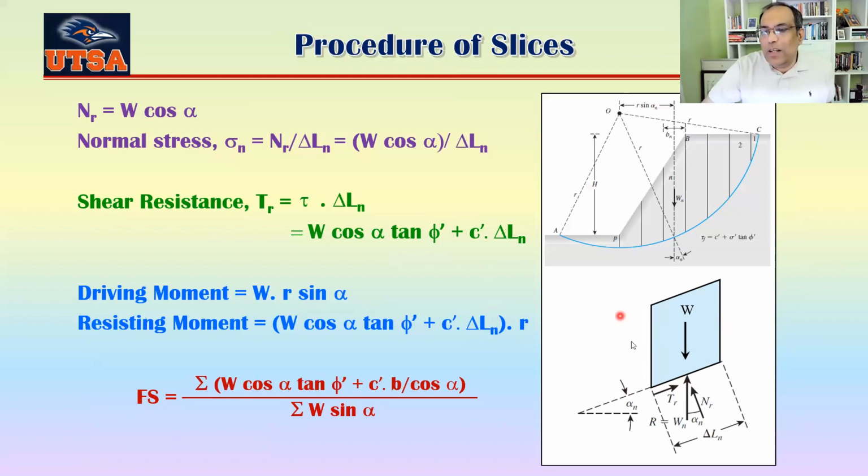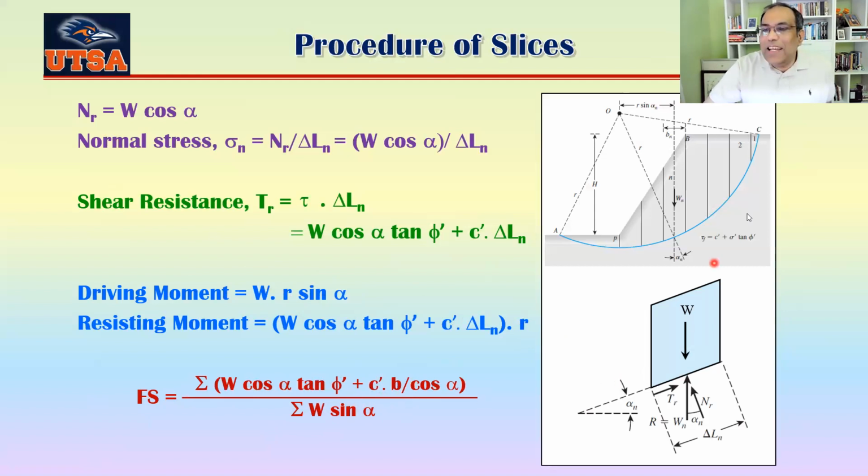And then that should be divided by the summation of the driving moment, okay? In each case R and R cancel, so you don't see that R here. You just see this part here and W sine alpha at the bottom.